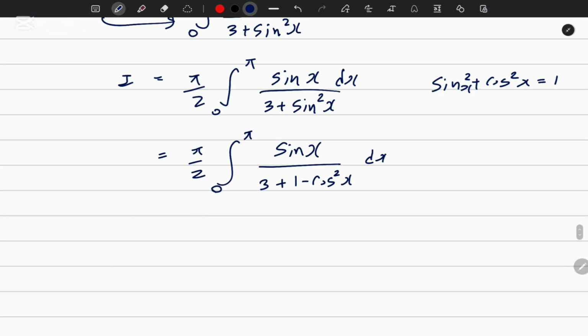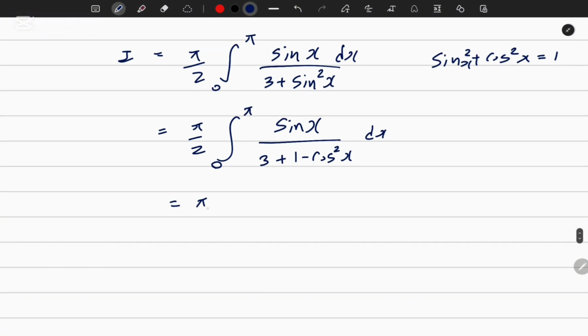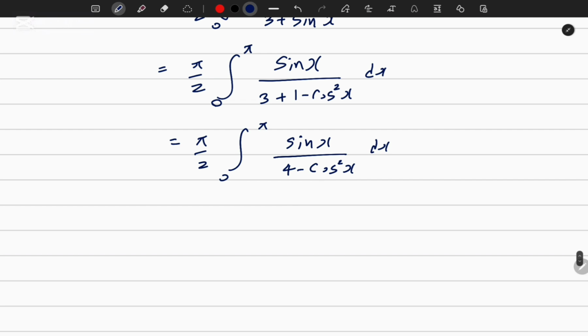This is dx. So 5 over 2, 0 to 5 sine x over 3 plus 1 is 4 minus cos square x dx.